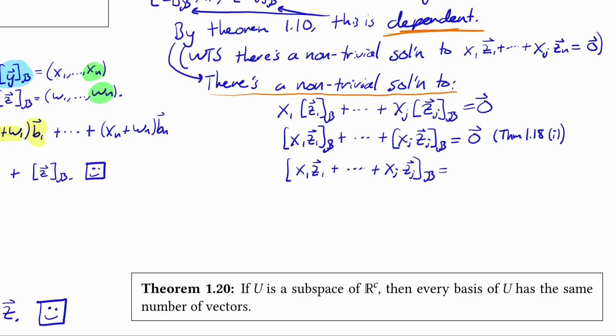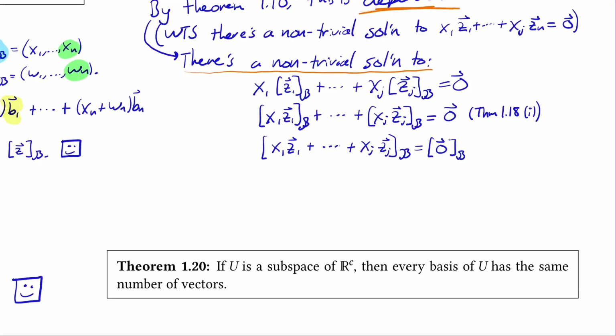Also, we can say that the coordinates of the zero vector are the zero vector. Why can I do that? Well, because how do you get the zero vector as a linear combination of the basis vectors? Well, 0 times b1 plus and so on up to 0 times bn is equal to the zero vector, right?